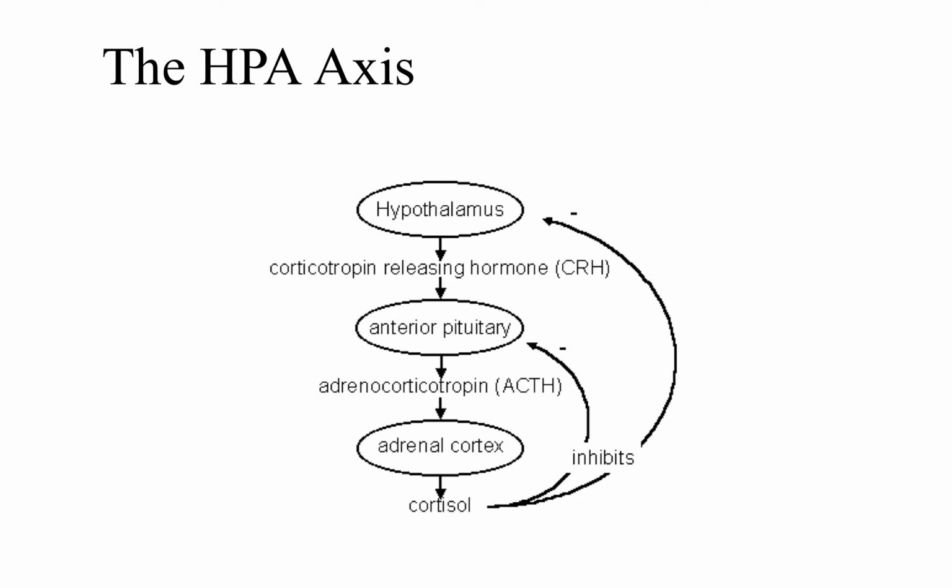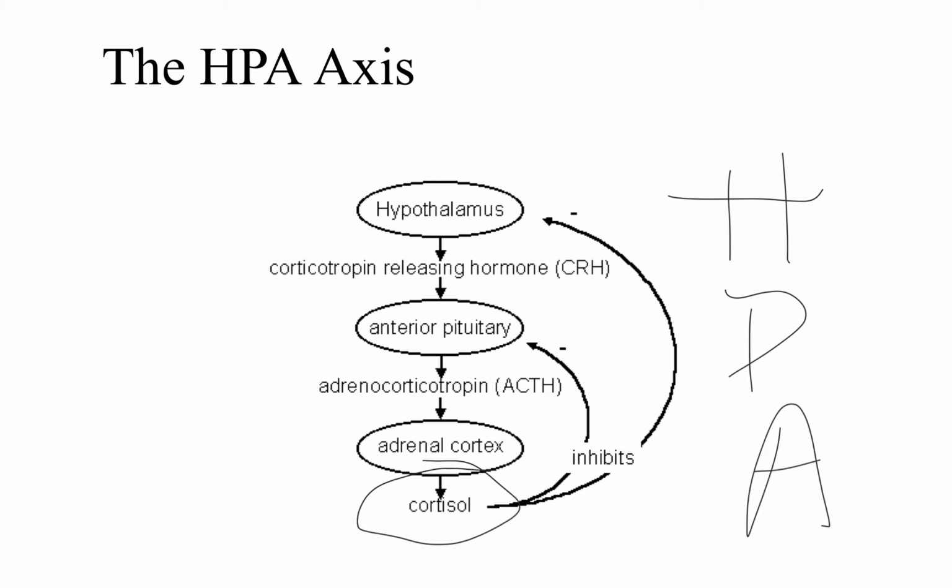All right, this is your HPA axis. So HPA, hypothalamic, pituitary, adrenal. This is the release pathway associated with eventually cortisol release. The hypothalamus, when there's levels of cortisol that are lower than what we would want homeostatically, releases a product called corticotropin releasing hormone.